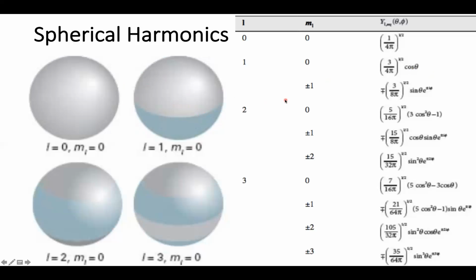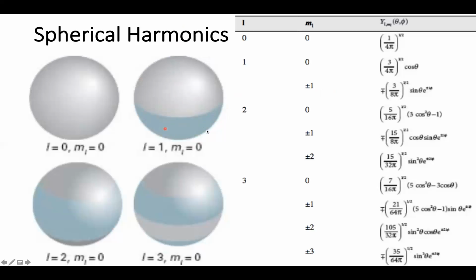Something a little bit more interesting happens if I have an m sub l of plus or minus 1. So again, as a reminder, m sub l of plus 1 is going to mean I'm going to have an angular momentum in the z direction. So I've got some sort of motion going in the xy plane, which is generating an angular momentum up. And again, plus 1 means that I'm rotating clockwise from underneath. So counterclockwise from above, use your right-hand rule.